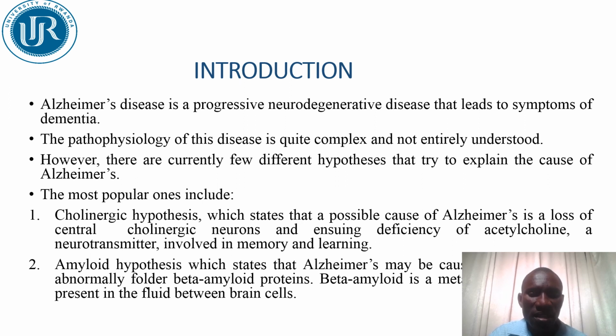Number 2 hypothesis is the amyloid hypothesis, which says that Alzheimer's disease may be caused as a result of amyloid plaques that may be deposited in the brain, and beta amyloids have been shown to be a very important cause of Alzheimer's disease, and as such need to be looked into.